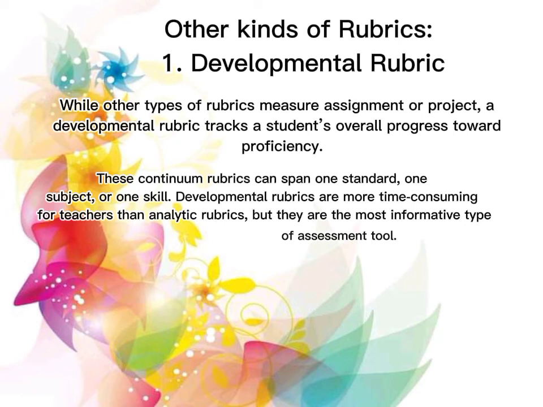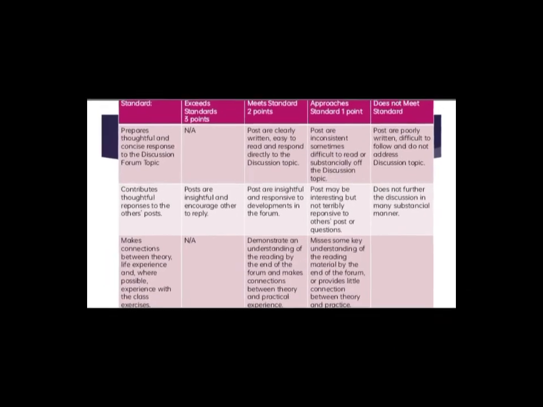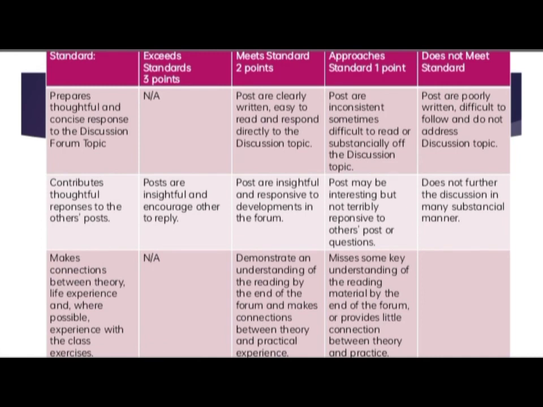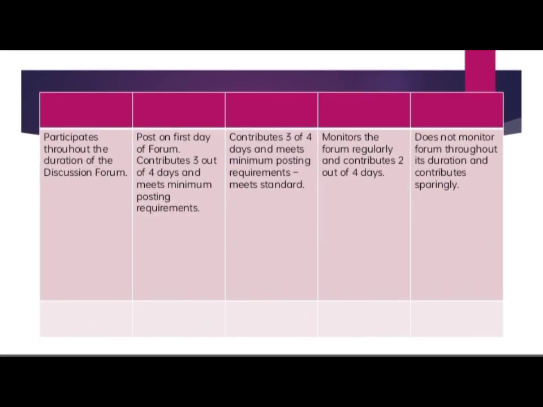Developmental rubrics are more time-consuming for teachers than analytic rubrics, but they are the most informative type of assessment tool. Here is the example of developmental rubric. Grading rubric for participation in discussion forums, 10 points total. Discussion forums are worth 30% of course grade.